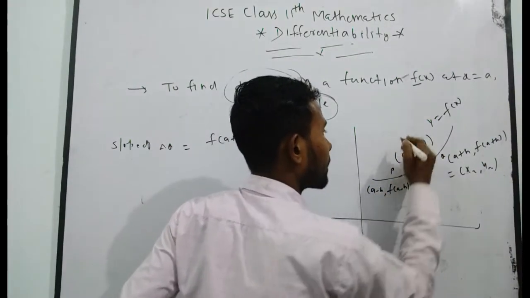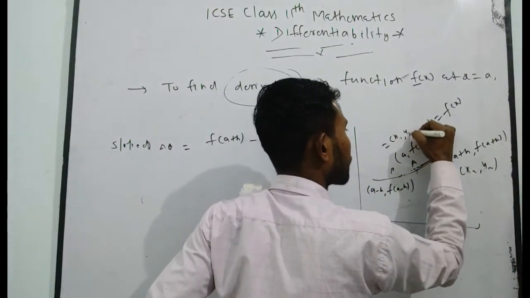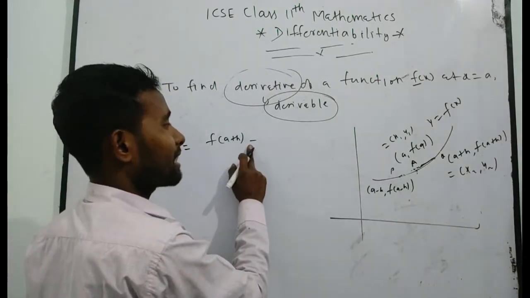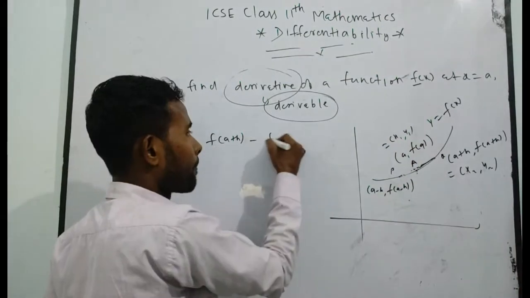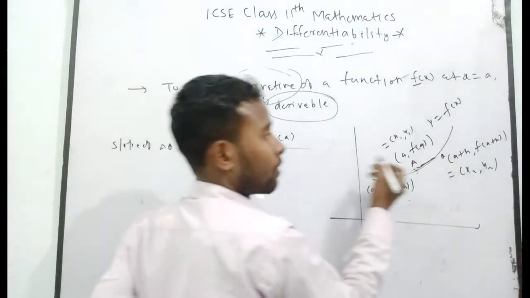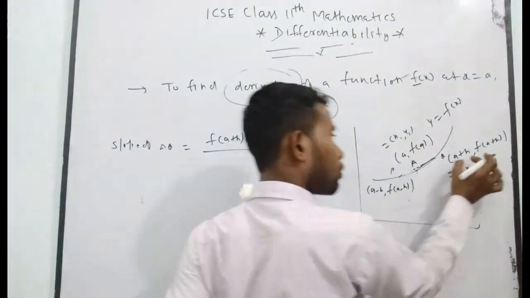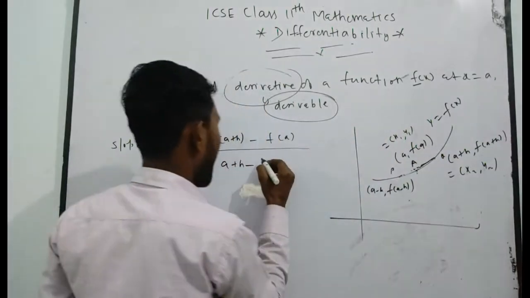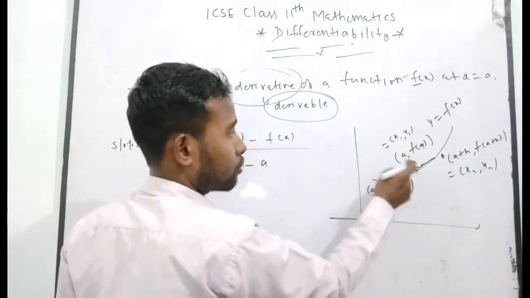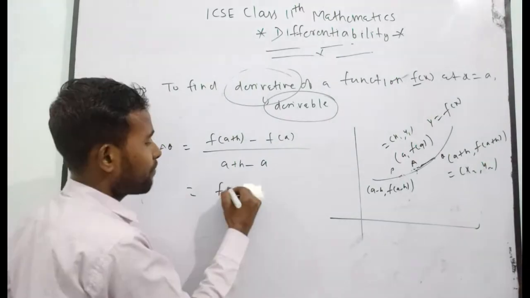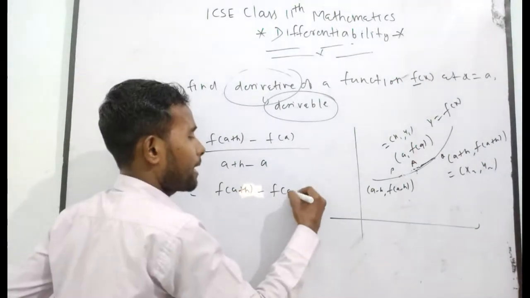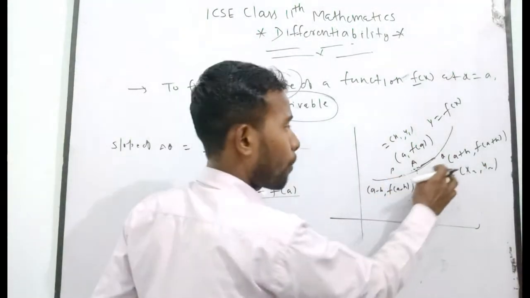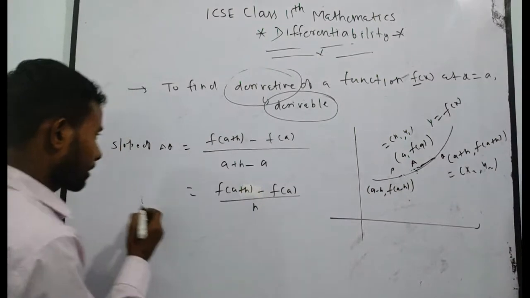So the slope of AQ is equal to f(a plus h) minus f(a), divided by x2 minus x1, that means a plus h minus a. It will be f(a plus h) minus f(a) divided by h. This is the slope of AQ.